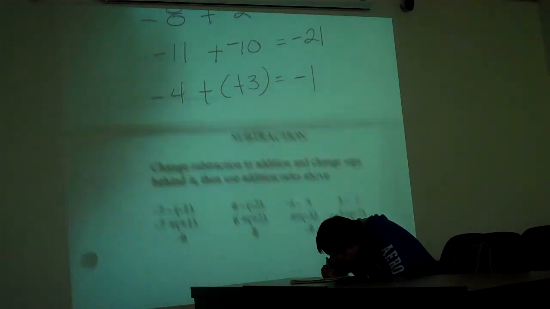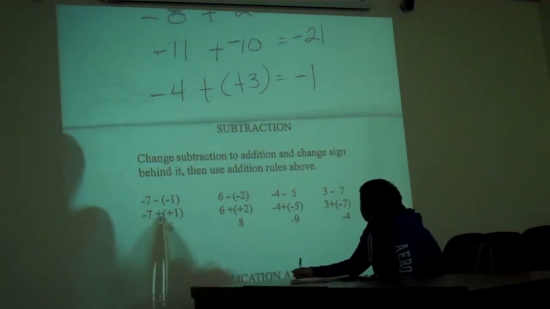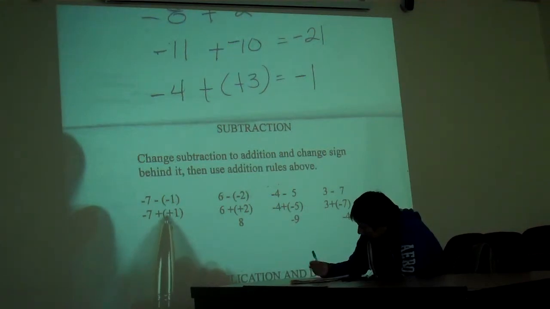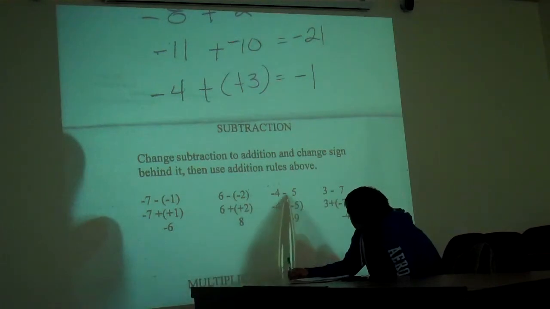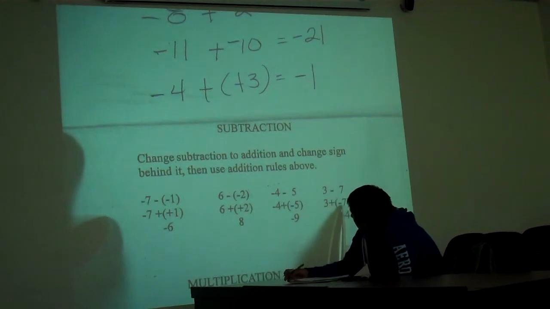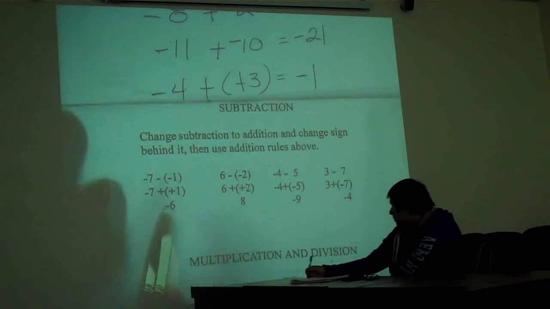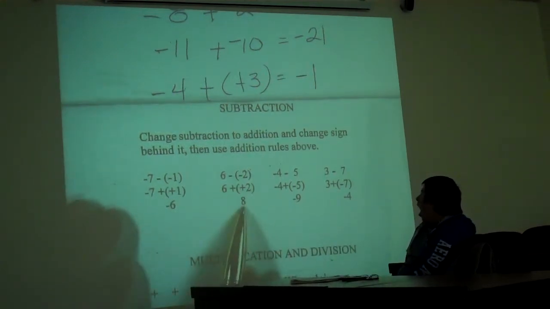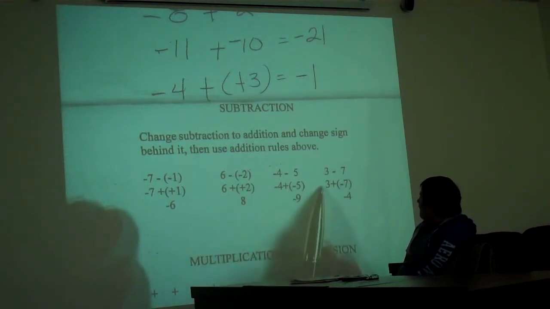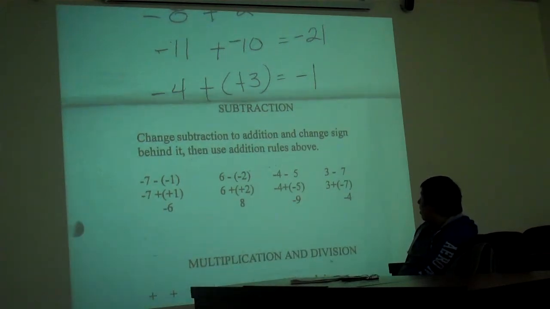Okay? If you look on your sheet, anywhere it says minus negative, you change it to plus positive. If it just said minus, change it to adding a negative. So these examples here, there's enough examples. There's a negative and a positive, positive and positive, negative and negative, and then a positive negative. So there's examples there if you forget.